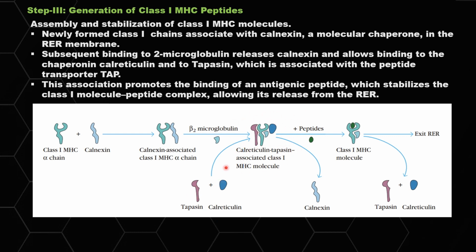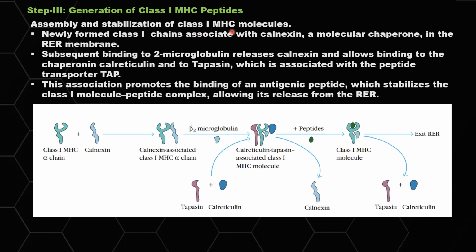Calreticulin maintains the integrity of the whole MHC complex, and tapasin regulates the incoming peptide which will bind to the class 1 MHC molecule. Once the incoming peptide, which is part of the endogenous antigen, binds to the class 1 MHC molecule, the tapasin and calreticulin dissociate, and this class 1 MHC molecule is now ready to exit the RER and, through the Golgi vesicle, to be presented on the surface of the cell.